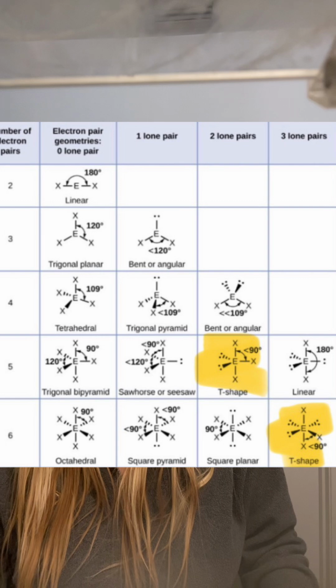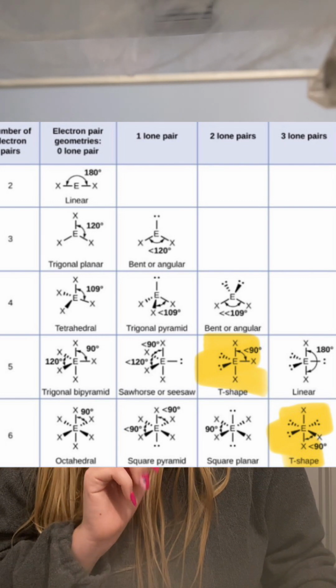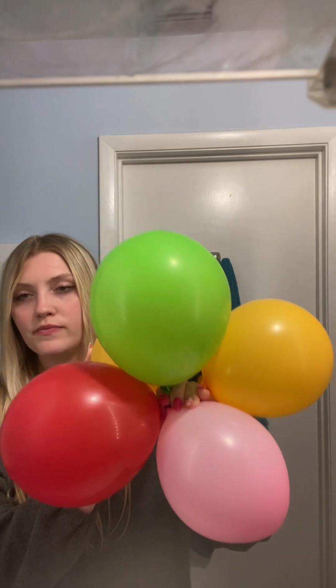Next, let's look at the T-shaped geometry, which occurs when there are 3 bonding areas and 2 lone pairs. A good example of this is chlorine trifluoride, or ClF3. For this, we'll use 5 balloons again, so we have this and one in the back here. Three of these balloons represent the bonding areas and 2 the lone pairs.